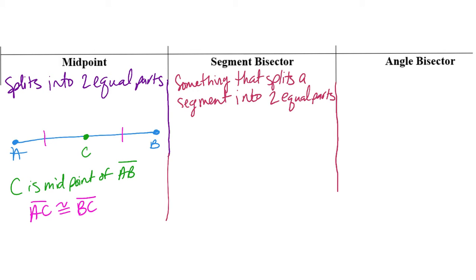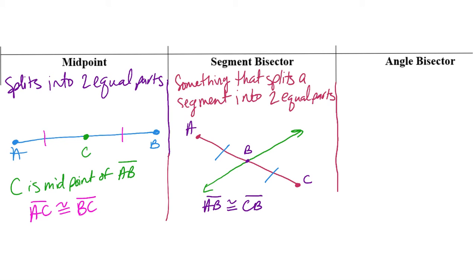All right, so we have a segment, and then it splits it into two equal parts, and the parts are the same, so I'm going to mark them with tick marks. So then if we wanted to write that out, we would say AB is congruent to CB.